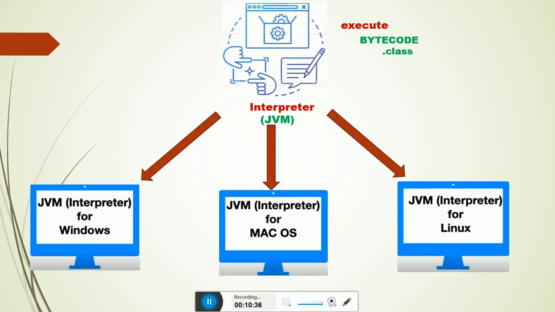So remember, JVM changes for a different type of system, but bytecode doesn't. That is the reason bytecode is magical code that makes Java a platform independent language.